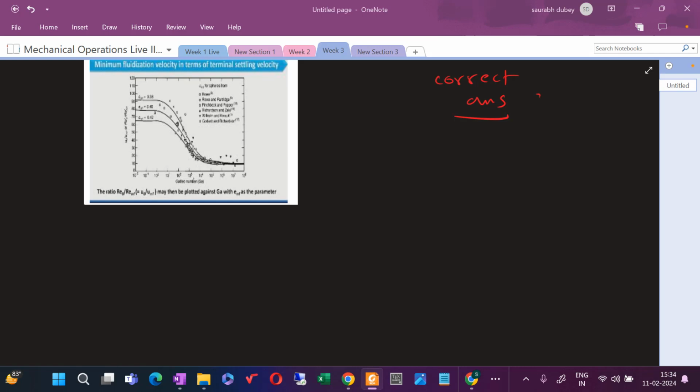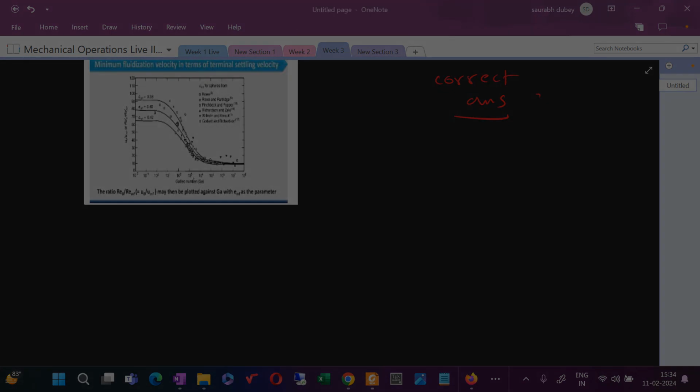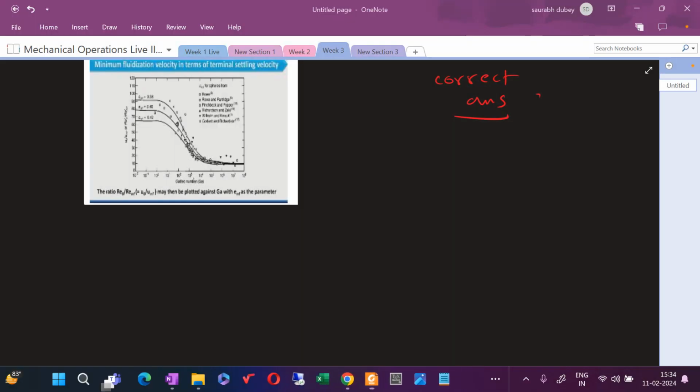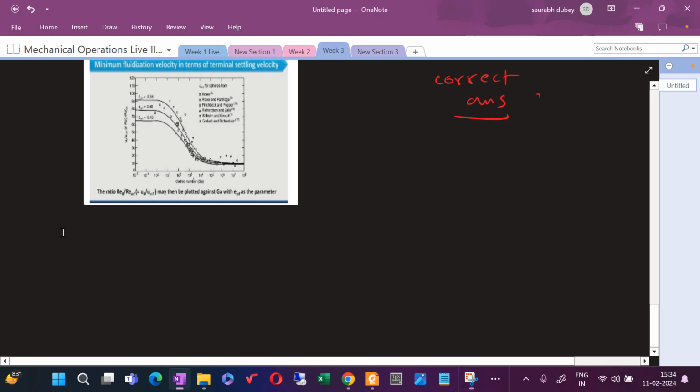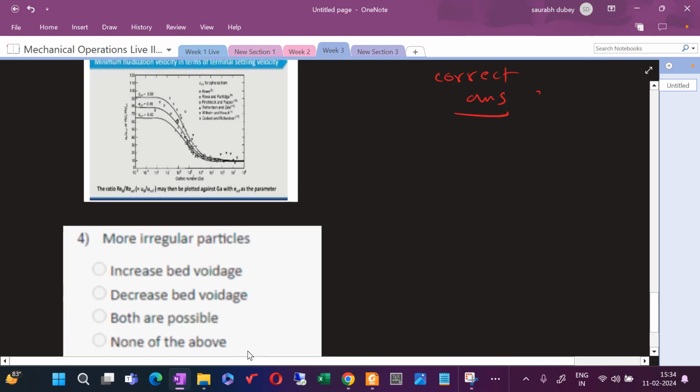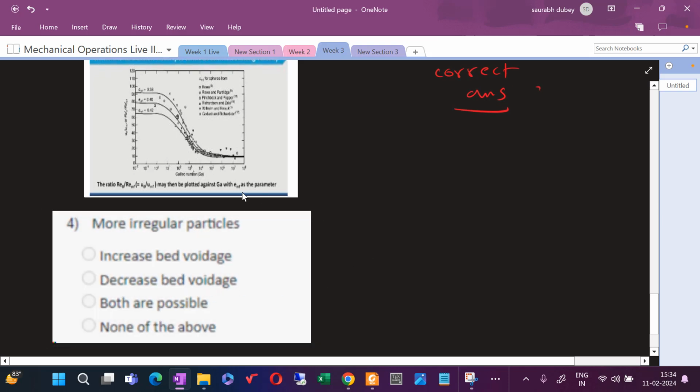Let's see. This is the fourth question we will be discussing, and it is about irregular particles. So let's begin with the question.